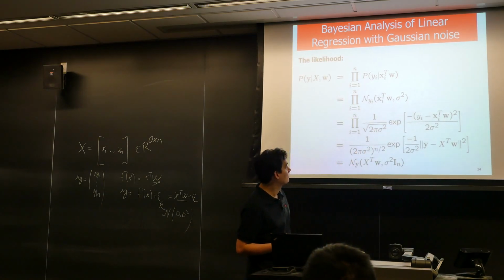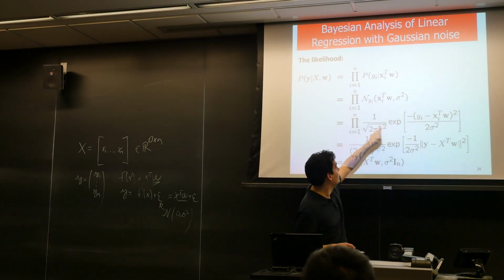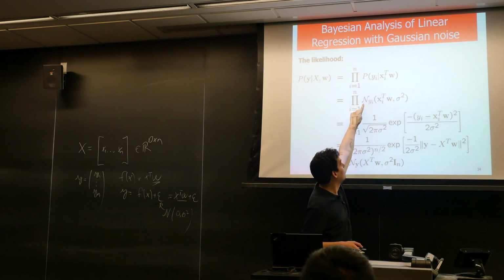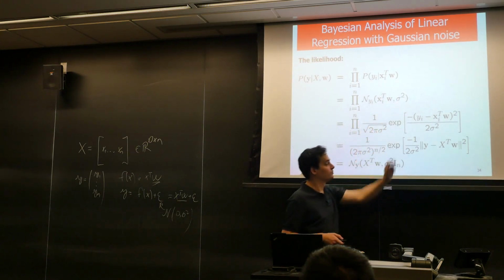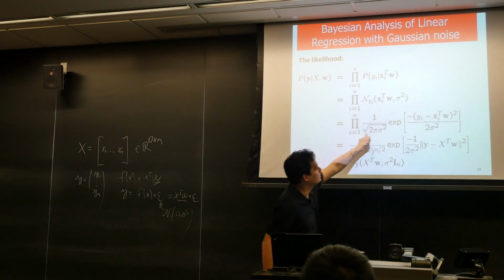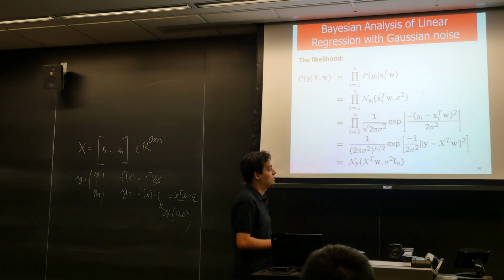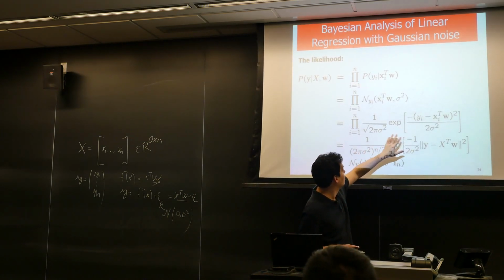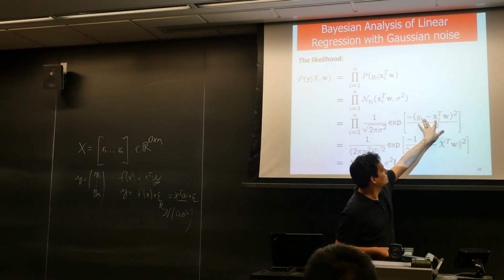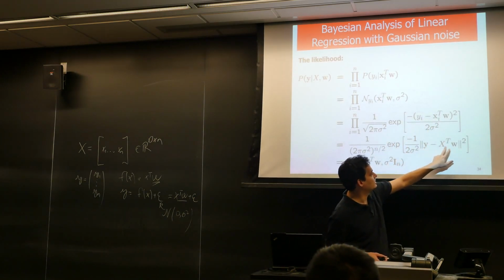Okay, so in other words, this notation is just the density of a Gaussian distribution at this location with this mean and this variance. So this is just the density function, and I can move these terms into a vector matrix notation.